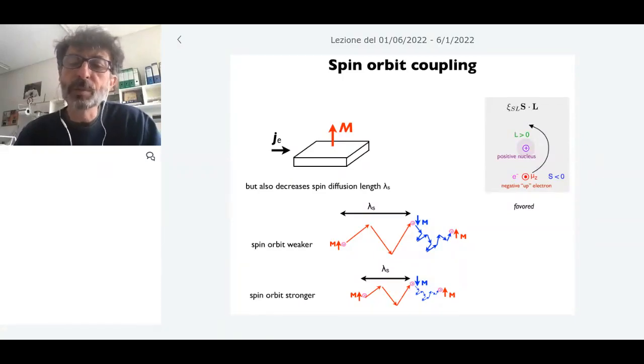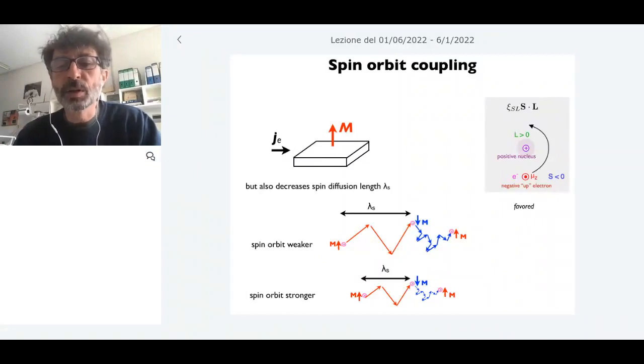So we do expect that also the orientation of the magnetization with respect to the current can change. For example, we said if the magnetization is perpendicular to the electric current, we may have a stronger effect of spin-orbit. And the stronger effect of spin-orbit means a smaller spin diffusion length.